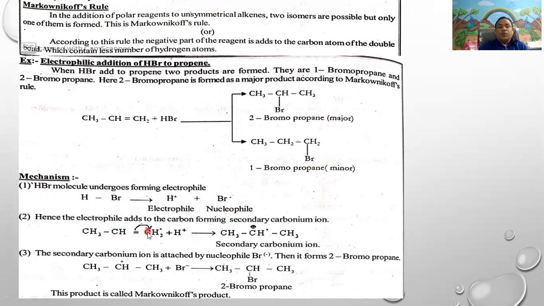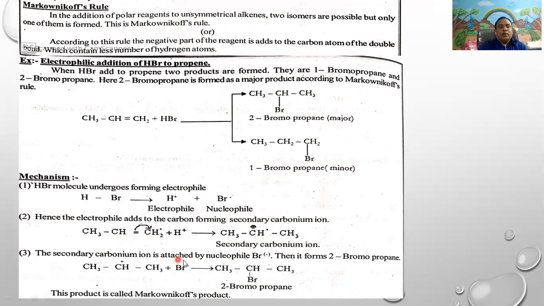Hence, the electrophile adds to the carbon forming a secondary carbonium ion. Here, the double bonded electrons are polarized towards one carbon, so this carbon gets negative charge and the middle carbon gets positive charge. The H plus ion attacks the negative end carbon atom, and the secondary carbonium ion is obtained as a major product.